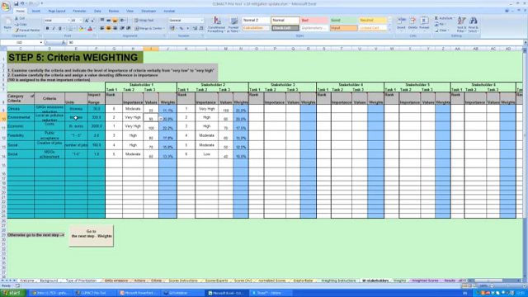So for the criterion of local air pollution, which is very high, we could choose from 90 to 100. If we choose 100, that means that it has equal importance with the criterion of cost. If we choose 90, that means it's 90% of the importance of the cost criterion. And the same we do for the rest of the criteria.